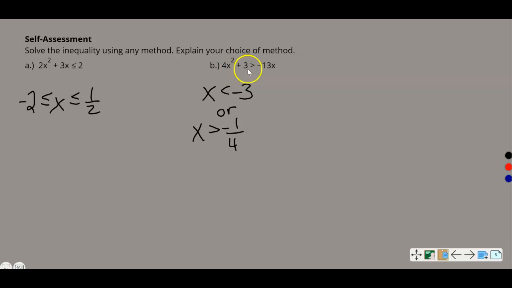But make sure it's in standard form, ax squared plus bx plus c. Set it equal to 0. Same thing, solve using the method you choose, and then find your critical values, and then test points in each region on the number line to determine where they are. And you should have got x less than -3 or x greater than -1/4.